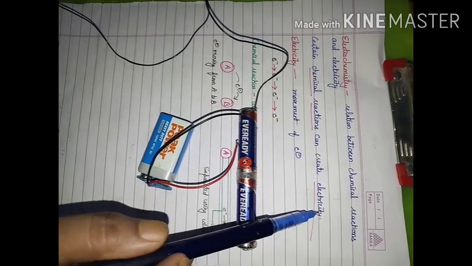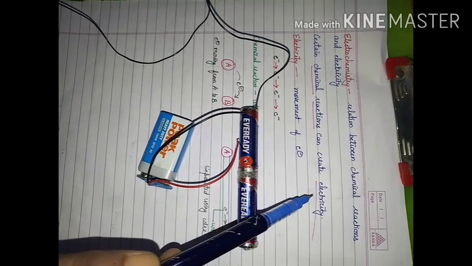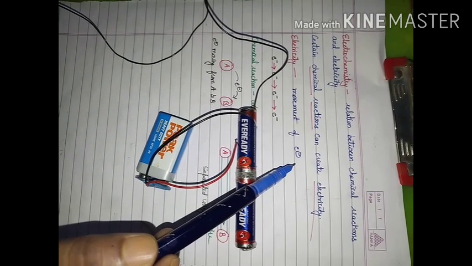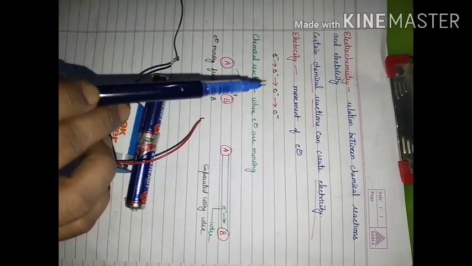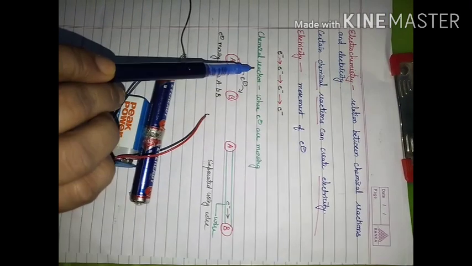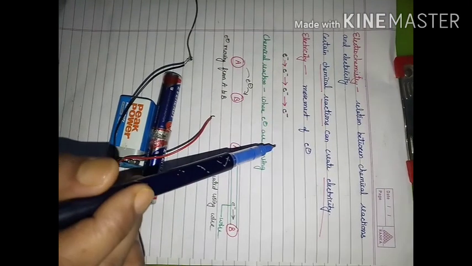How will electricity be there? Electricity means there should be movement of electrons, flow of electrons, and when we consider the flow of electrons due to chemical reaction, that branch is known as electrochemistry.